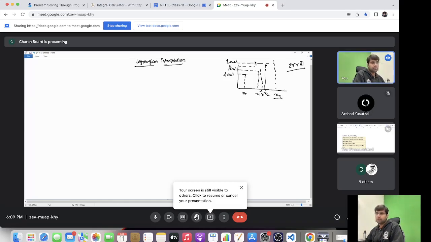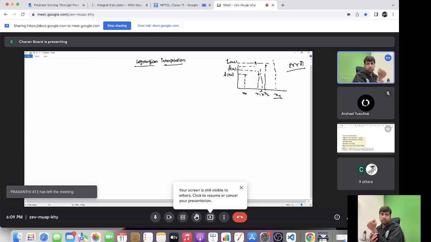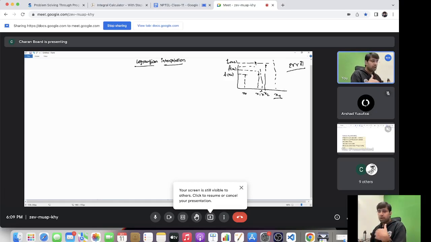Within the boundary, it is interpolation; outside the boundary, it is extrapolation. Lagrangian proposed an equation for this, so we will try to solve that equation.